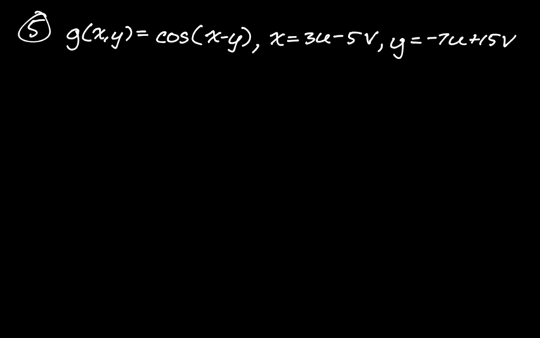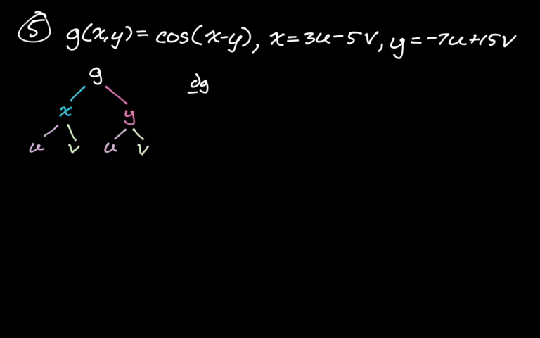All right, so that means that we have g, and g is a function of x and of y. And then x is a function of u and v, and y is also a function of u and v. So I always draw these dependency diagrams because they really help me make sure that I'm getting the partial derivative correct.